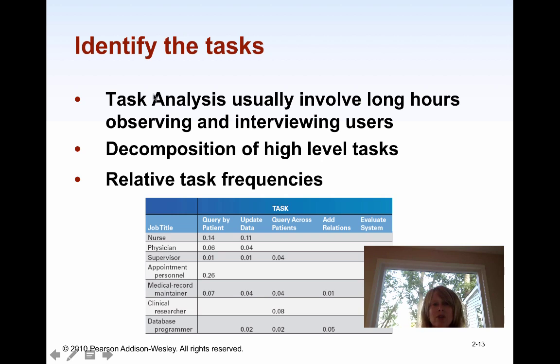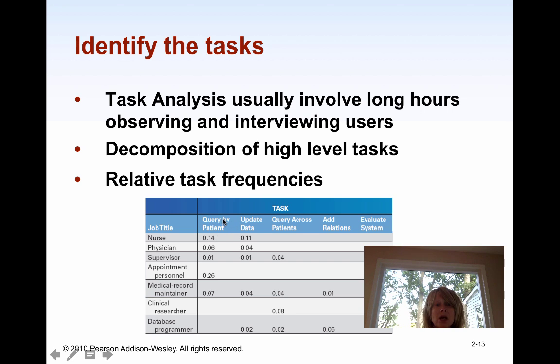So one of the things in the task analysis piece, when you're doing any kind of user design, is looking at who your users are. This table is a perfect example. In this particular table, we have our users being nurse, physician, supervisor, appointment personnel, the medical record person, the researcher, and the database people. Then we have these different tasks.